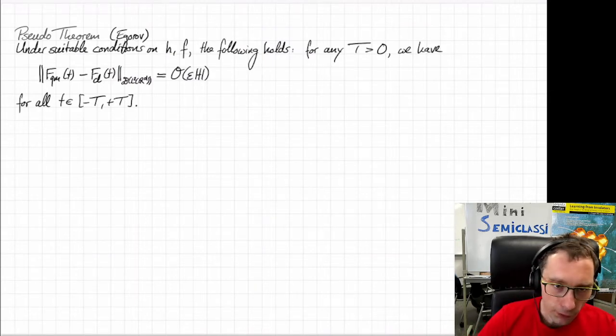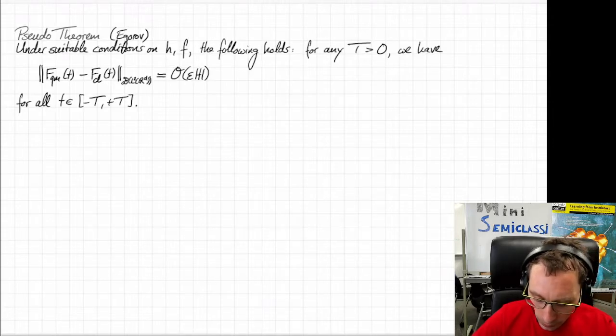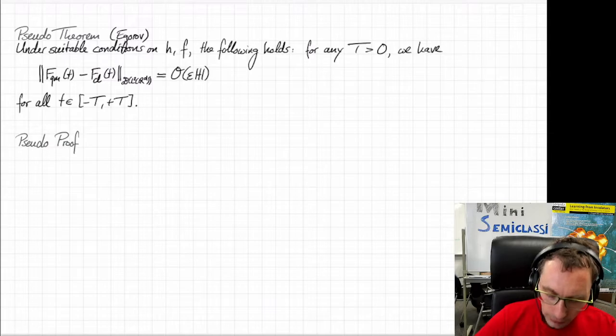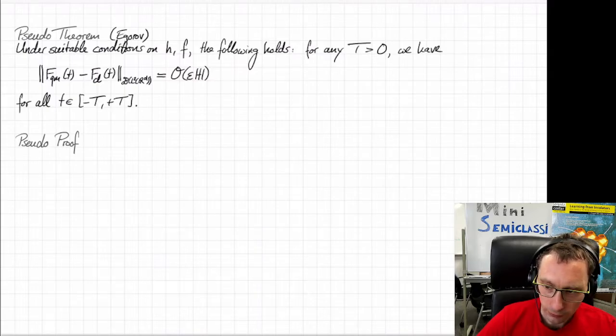So pseudo theorem requires a pseudo proof, but please don't take the proof as something that you need to completely understand, but more as something that tells us what our homework is, what we have to clarify.